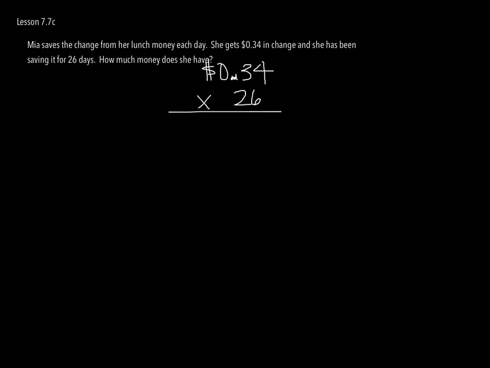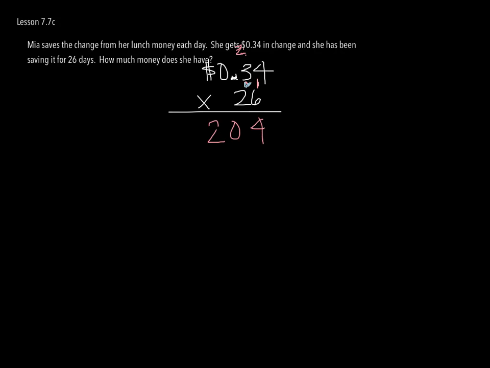So we're going to start with multiplying by the ones. So 6 times 4, then 6 times 3, and then we'll do by the 20, 6 times 2, 4 times 2, and then 3 times 2. Let's start with 6 times 4, which is 24. Write down the 4. Carry my 2. 6 times 3 is 18, plus the 2 I carried is going to give me 20.